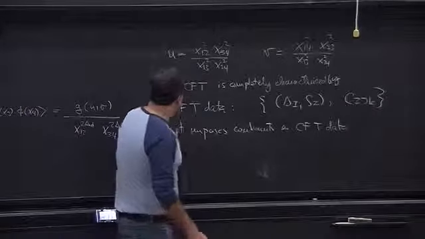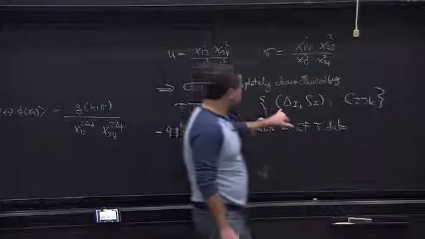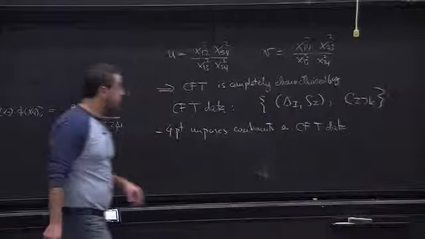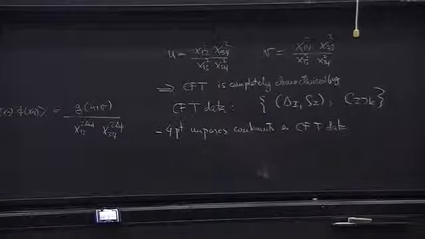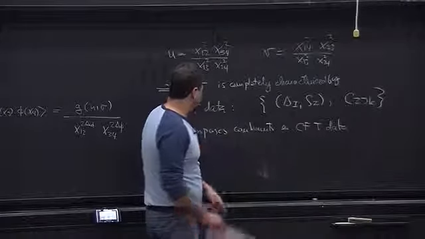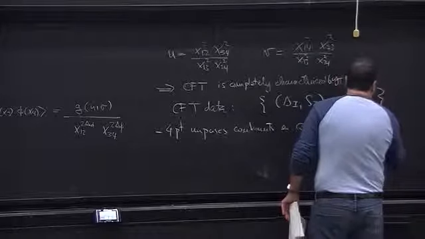So now, from this point of view, the game that we want to play essentially is a classification of the allowed CFT data, so classification of dimensions and spins and the structure constants. You could think that this follows from the constraints that are imposed by the 4-point function, which is called crossing symmetry.